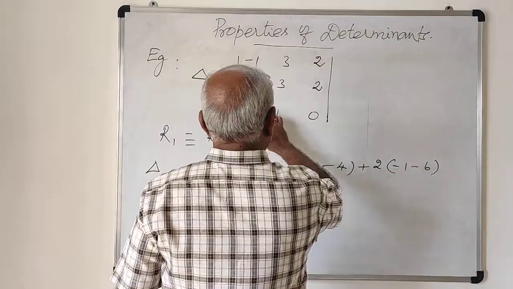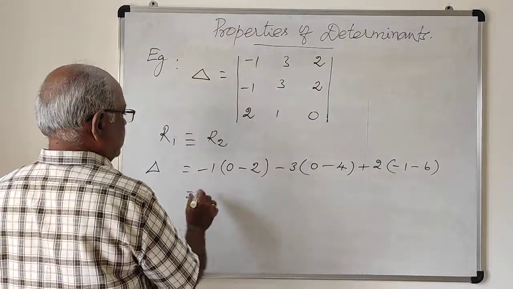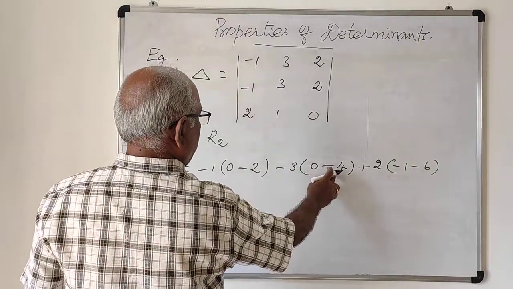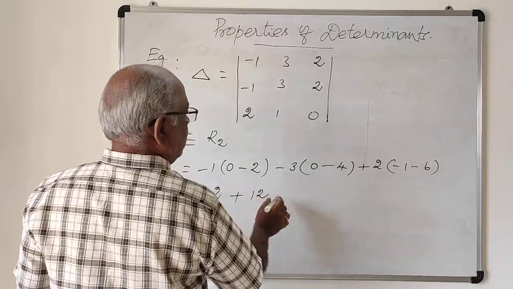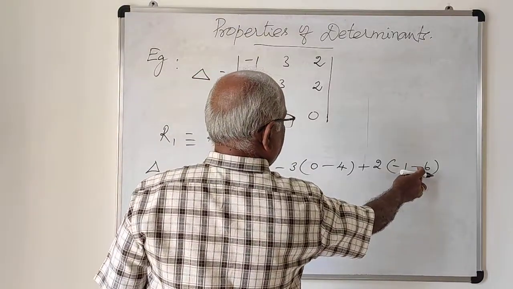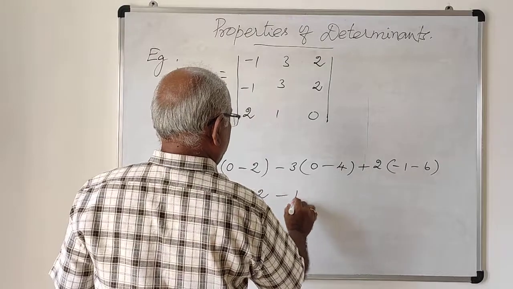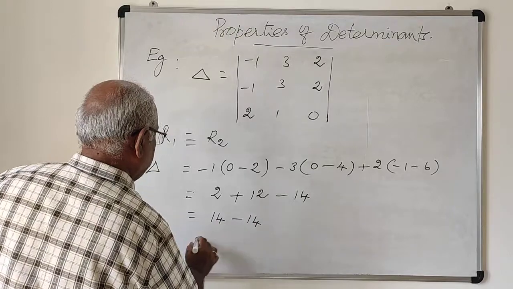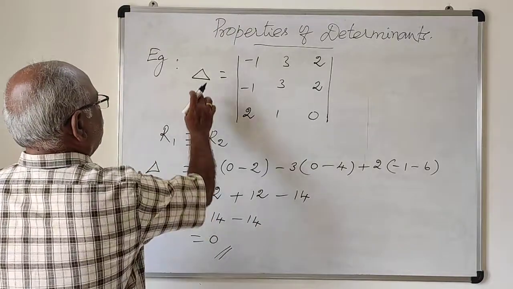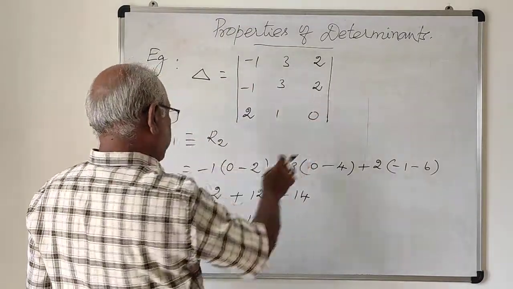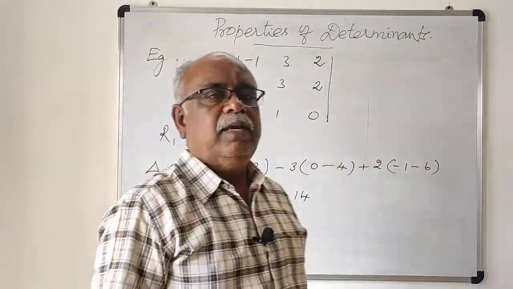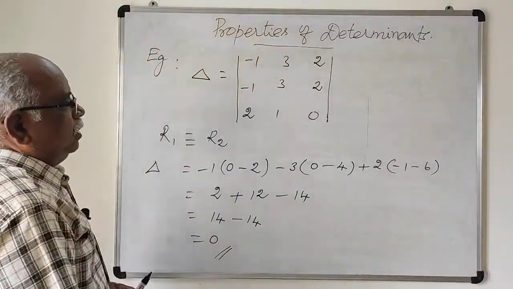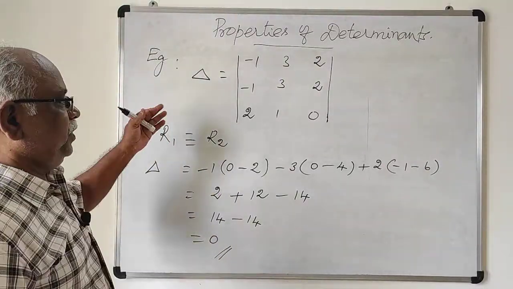So this is minus 7 into minus 2 plus 2, plus 4 3s are 12, and minus 7 into 1 minus 6, minus 7 into plus 2 minus 14. 12 plus 2 is plus 14, minus 14. You will get 0. So delta value is 0 if the two rows are identical. Similarly, if two columns are identical, we can find the determinant value is 0. That is property 3.